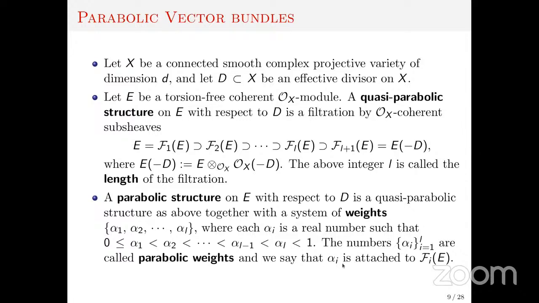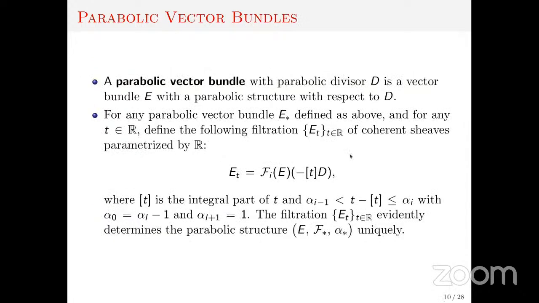And each alpha_i we say is attached to F_i(E), where F_i are the intermediate O_X-coherent subsheaves of E. A parabolic vector bundle with parabolic divisor D is a vector bundle E with a parabolic structure with respect to an effective divisor D.